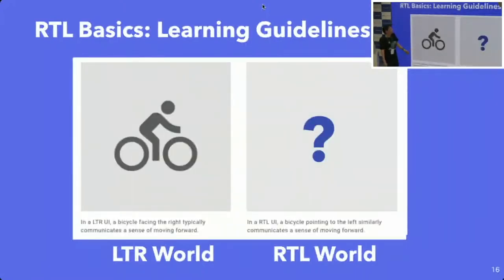And next, I have one quiz for you. This is a person riding a bicycle to go forward. If I show this icon in the right to left world, how should this icon be shown?